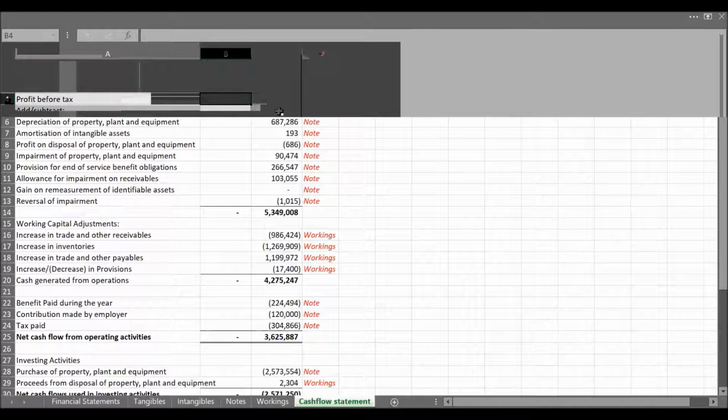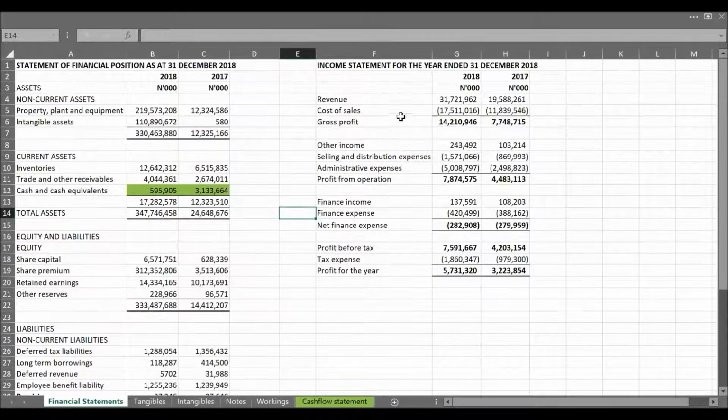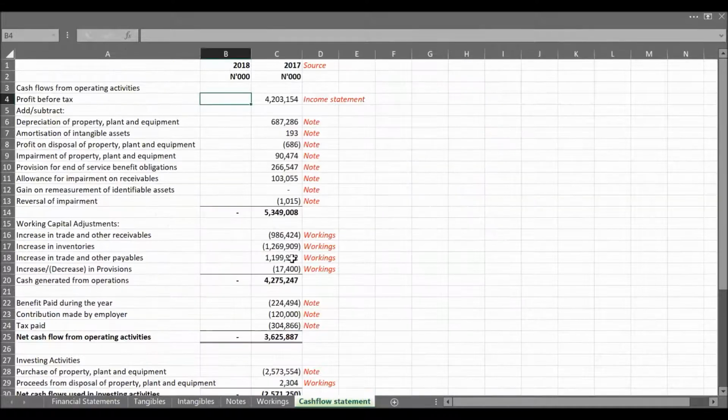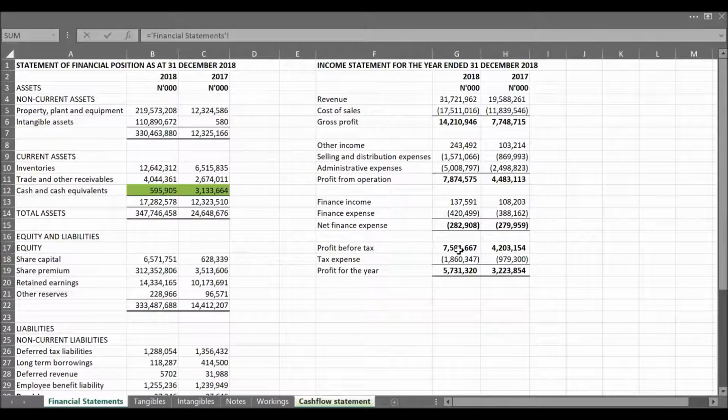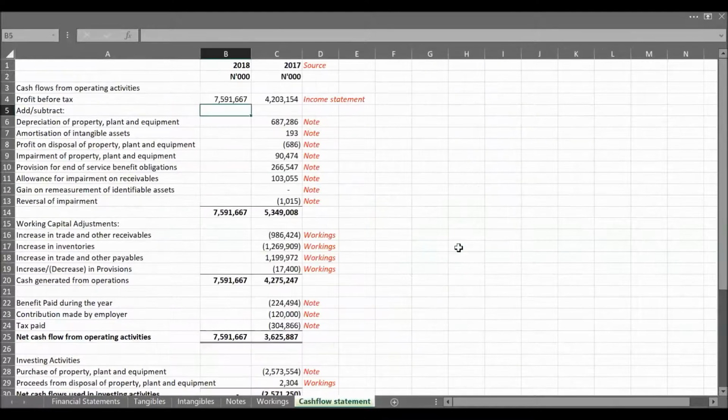To get this, we need to come to our income statement, which is found under the financial statements. So this is the income statement, and this is the profit before tax for 2018. So we're going to pick this figure, come to my cash flow, and pick the profit before tax figure for the year.